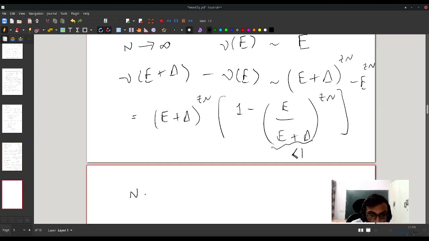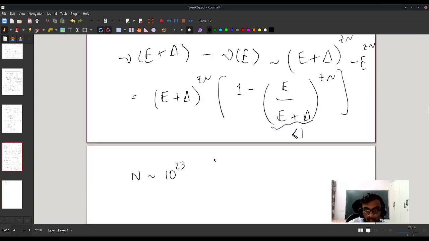For the kind of n that we encounter in thermodynamic systems, like let's say 10 to the 23, or in the limit n going to infinity, this factor goes to 0.